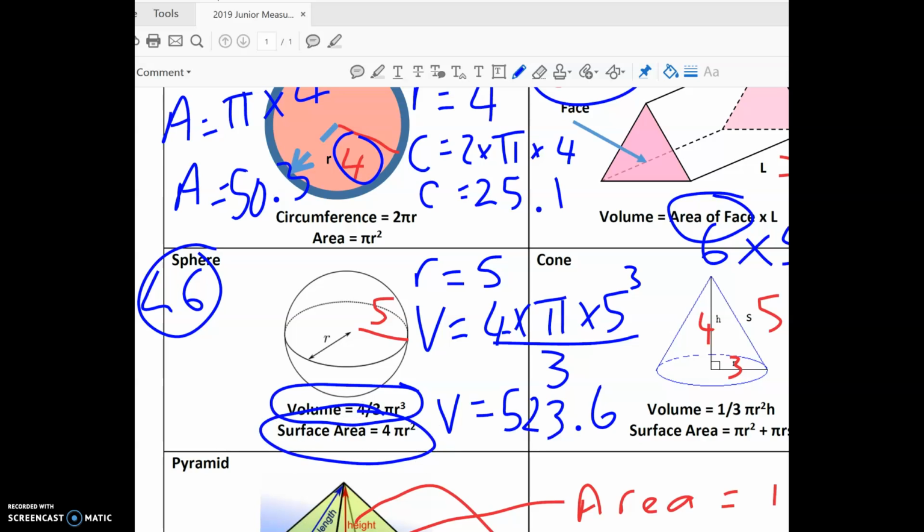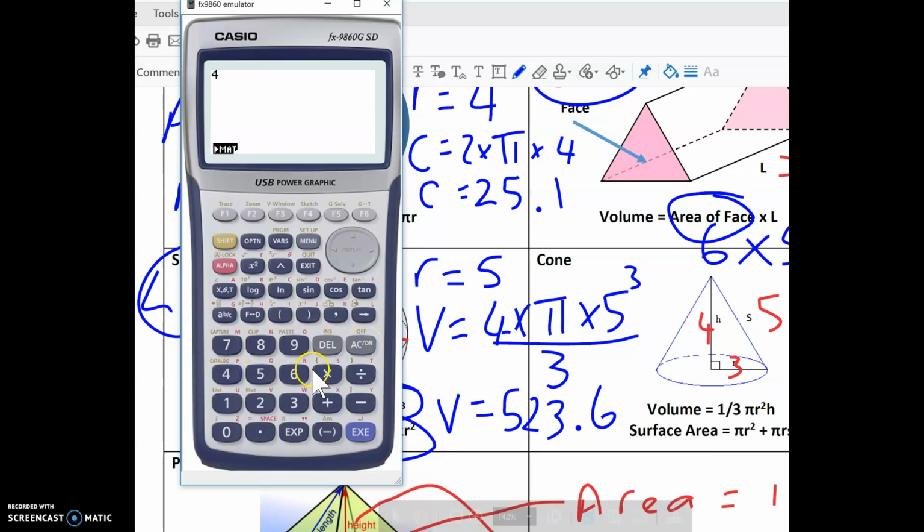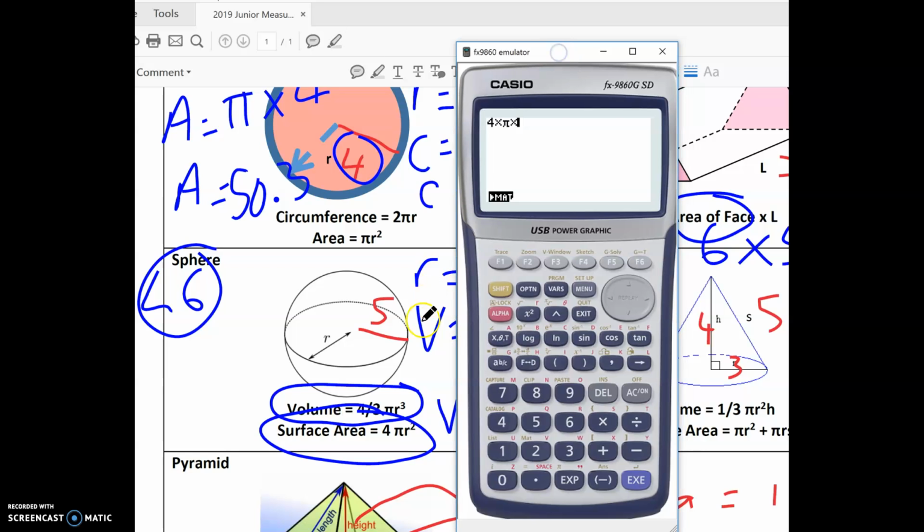So the surface area, 4 pi r squared. So we would need to go 4 times pi times, hang on, what were we doing? We were doing 4 pi r squared. So our radius is still 5, and we can square it.